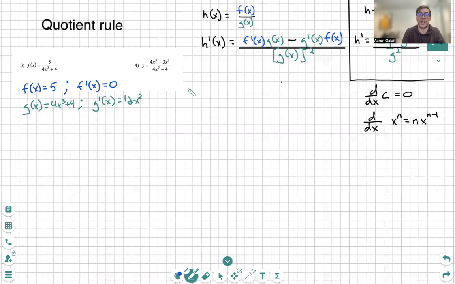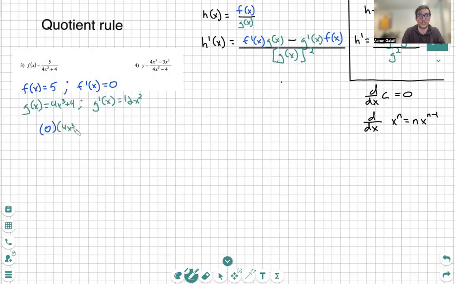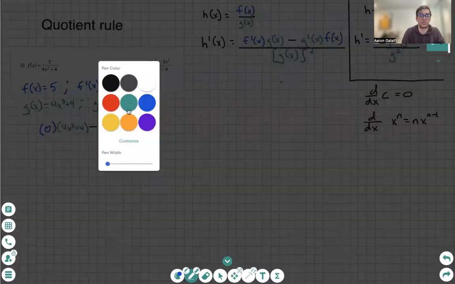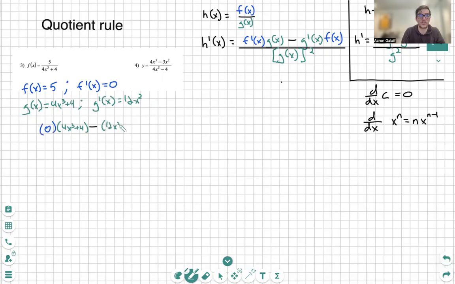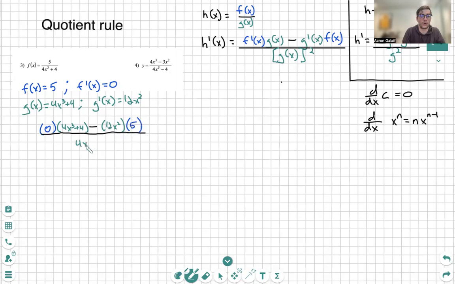Let's plug and chug. We know f prime goes first, so 0 times g unchanged, minus g prime first, 12x squared times f of x unchanged, all over, let's keep that in green, 4x cubed plus 4 squared.